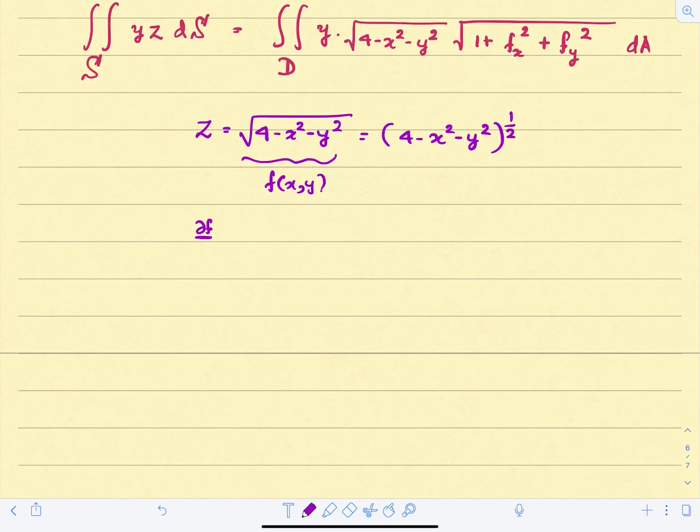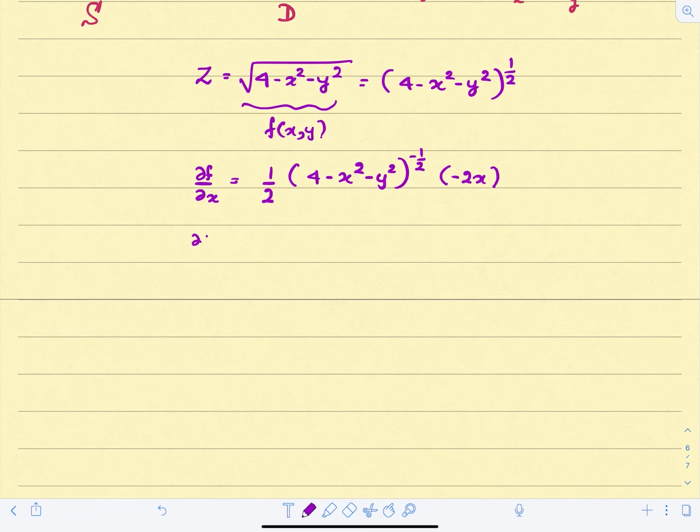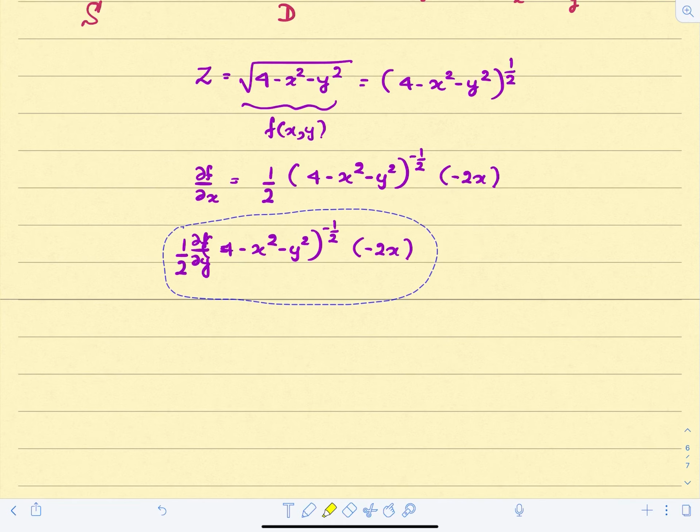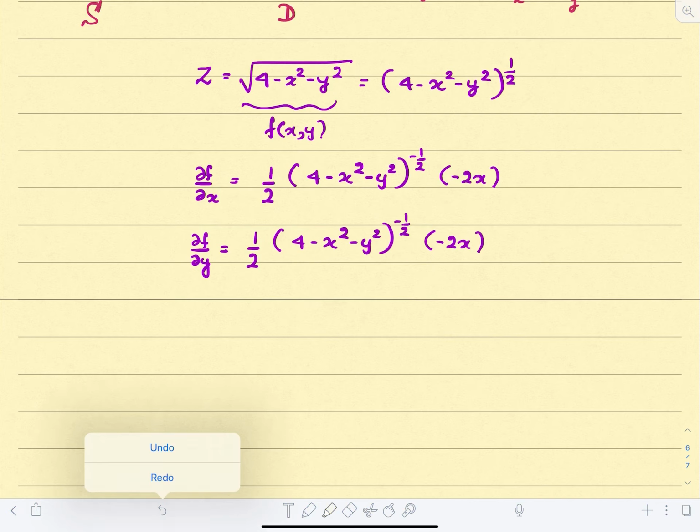Therefore, partial f of partial x equals 1 half times 4 minus x squared minus y squared to the power negative 1 half times negative 2x, and partial f of partial y equals the same thing, except now instead of negative 2x, we have negative 2y. Here I use the chain rule to calculate these two partial derivatives.